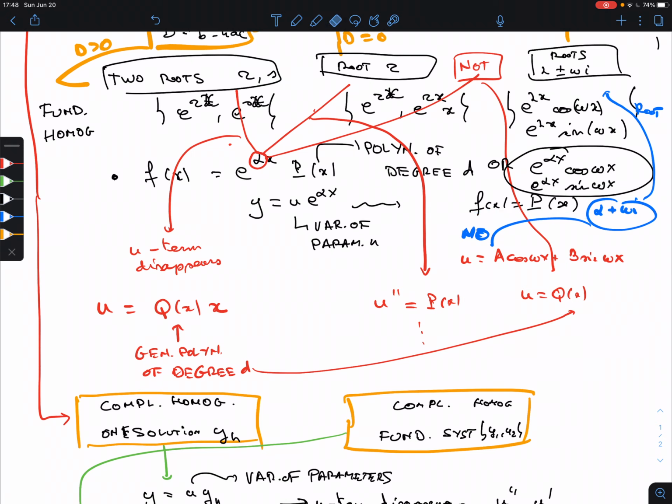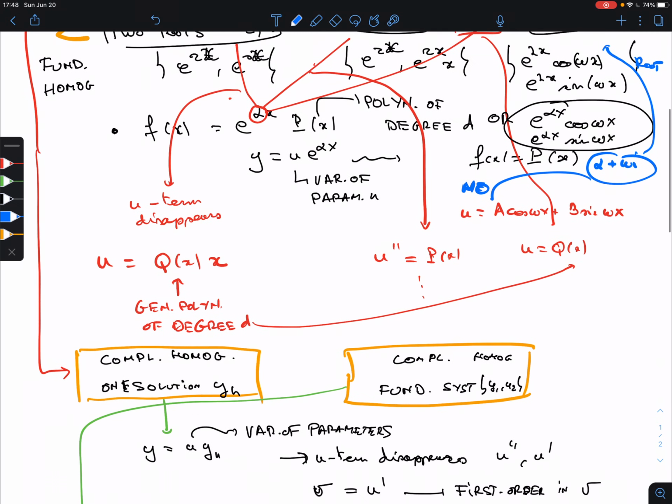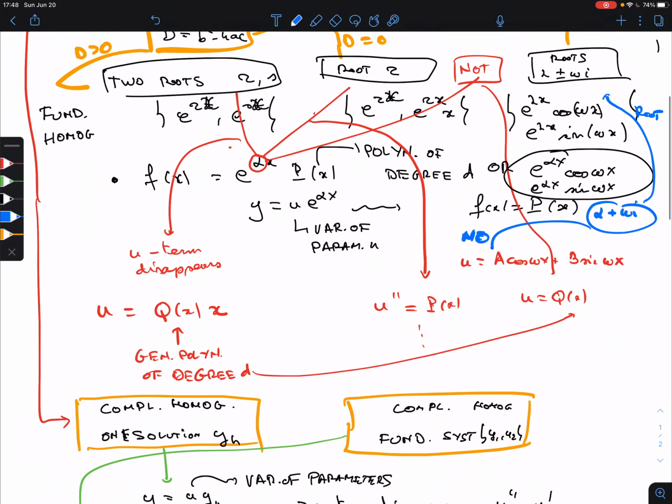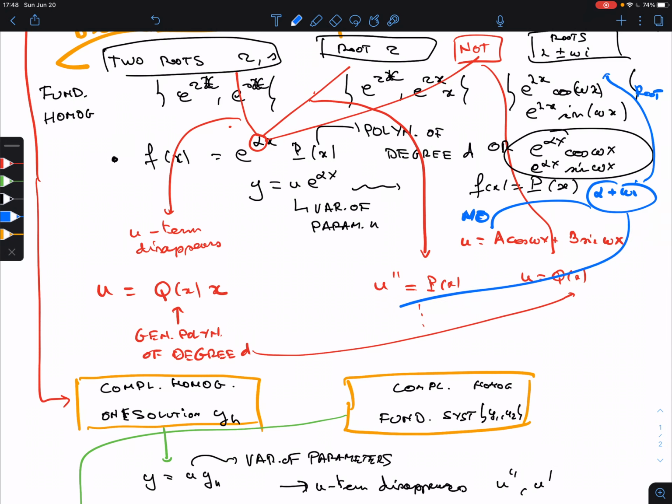We put u equal to x times, let me put it in front so we see it right away, a cosine omega x plus b sine omega x.